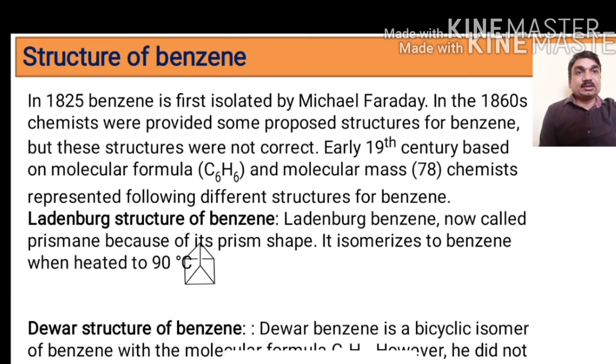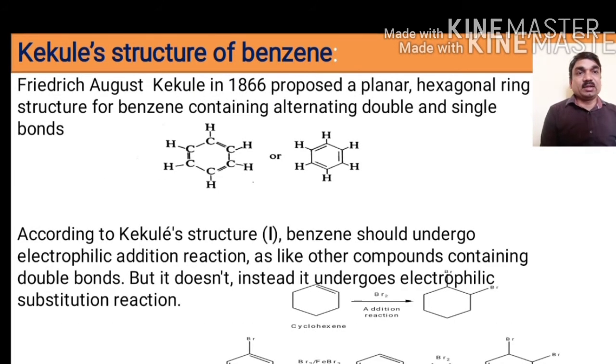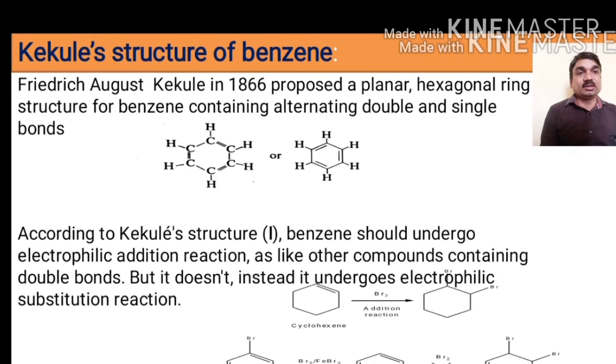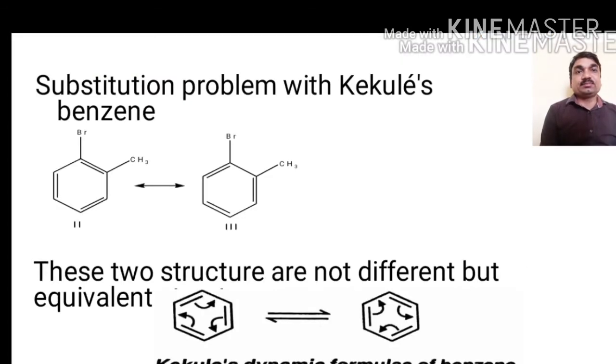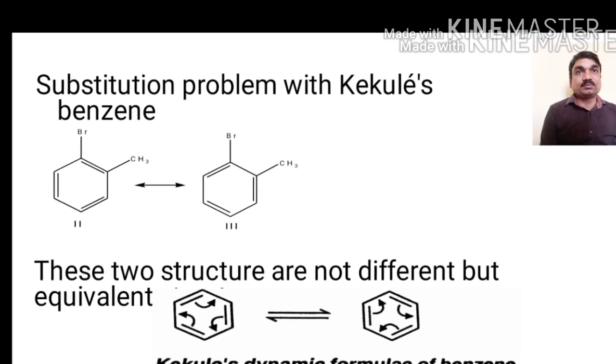So these reactions can be explained here. According to the Kekulé structure, benzene should undergo electrophilic addition reactions like compounds containing double bonds. It doesn't, instead. Next is another problem with the Kekulé structure. A 1,2-disubstituted benzene should exist as two different isomers, first and second. But the second isomer doesn't exist.